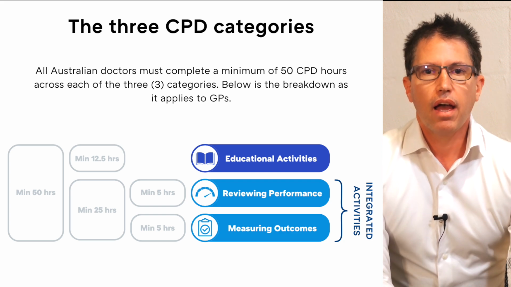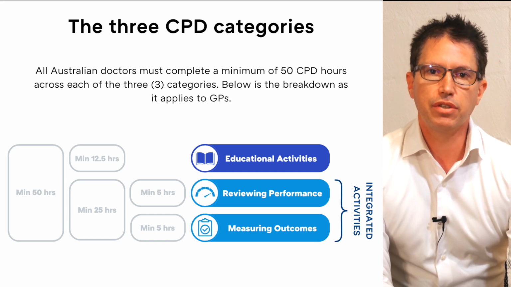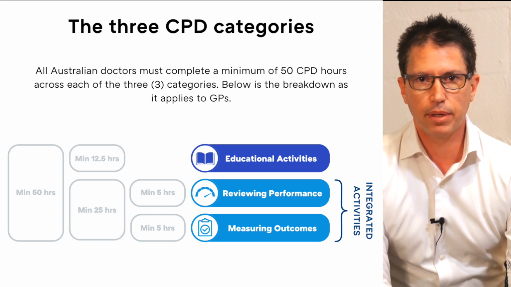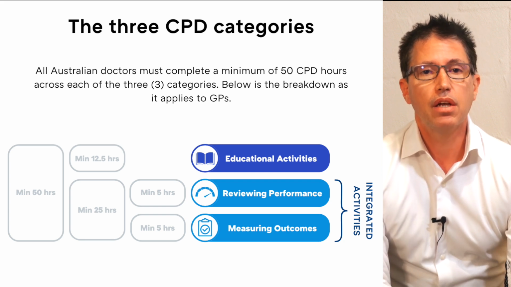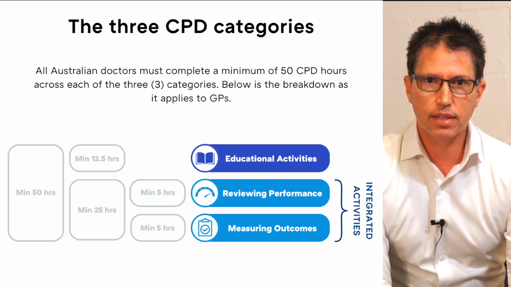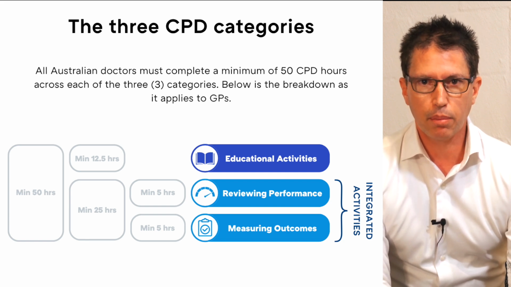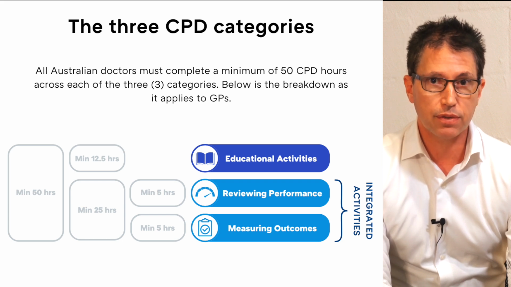However, reviewing performance and measuring outcomes constitute half of the required CPD hours that a GP must complete each year. So what we implore our medical educators to do is think about reviewing performance and measuring outcomes in the design of your education.